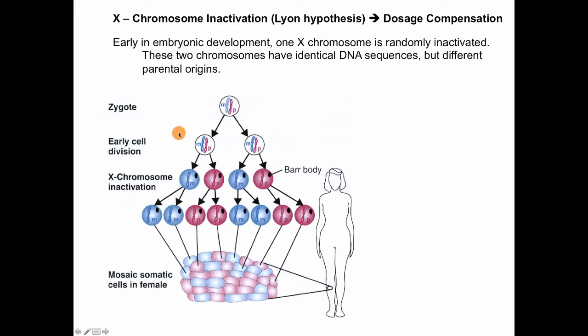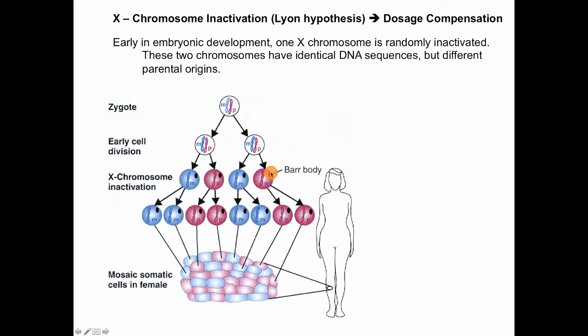So early in embryonic development, some cells are going to randomly inactivate either maternal or paternal X chromosomes. So human females would, in a sense, be mosaics with respect to which X chromosome is expressed in which cell.